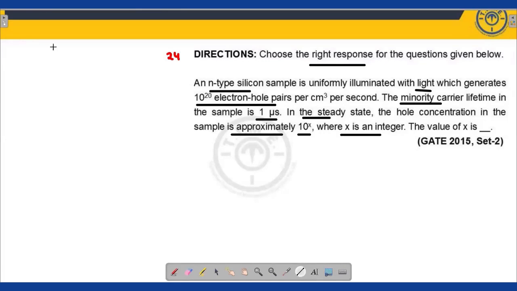So here he has given an n-type semiconductor, like this.